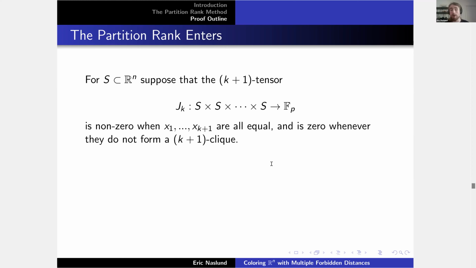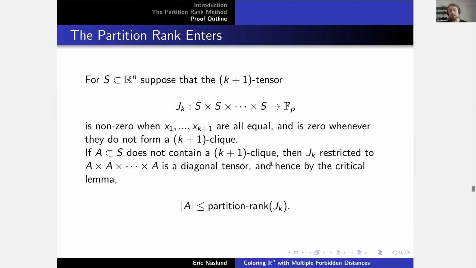So if x1 up to xk+1 do not form a k+1 clique, I want this tensor to be 0. If they do form a k+1 clique, I don't care what it is. It can be anything. But if they don't form a k+1 clique, I definitely want it to be 0.